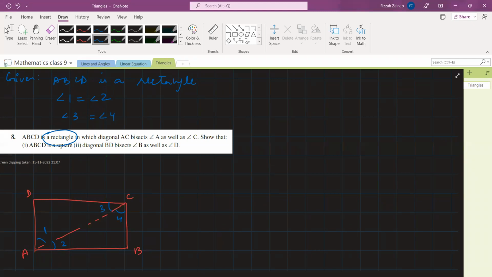Show that ABCD is a square. So you have to show that ABCD is a square. So what is the difference between a rectangle and a square? In a rectangle, only opposite sides are equal. In a square, all the four sides are equal to each other.